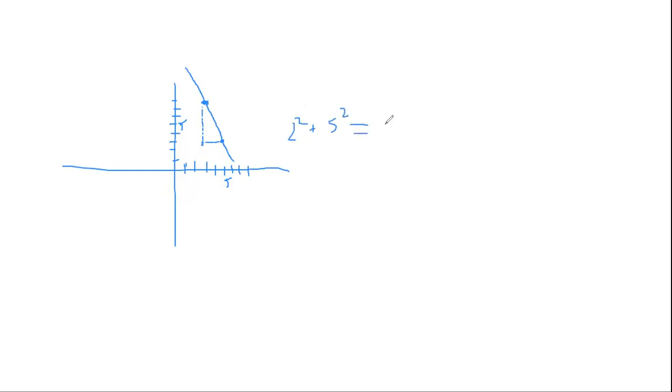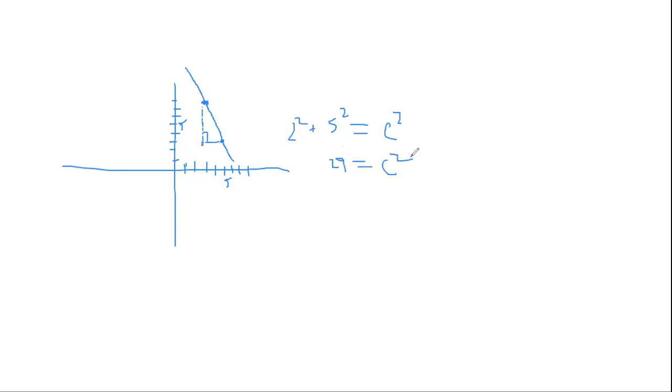And the part that I don't know is the hypotenuse. This is the right angle. Here's the hypotenuse. So 2 squared plus 5 squared, 4 plus 25, 29 equals c squared. And square root of 29.